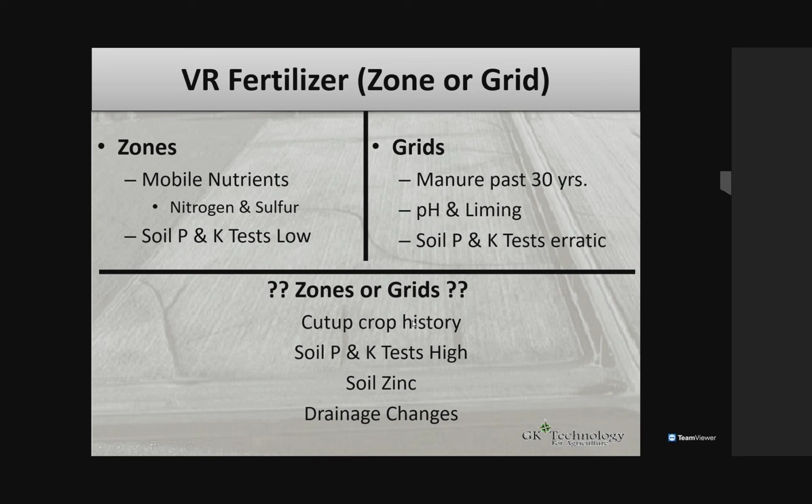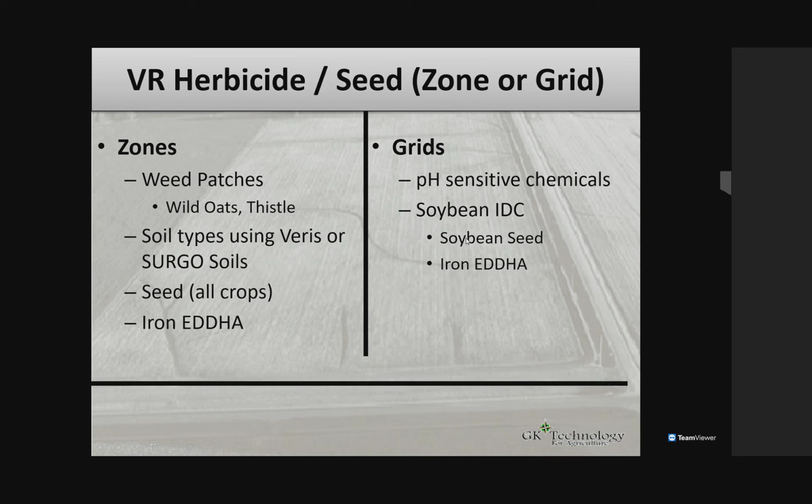If your cut-up cropping history means you've got a quarter that's been 280s in the past, maybe management zones are the right answer, but you make a set of zones for this 80 versus that 80. And then when it comes time for application, you'll merge them together. So just some things to think about when it comes to zones and grids.